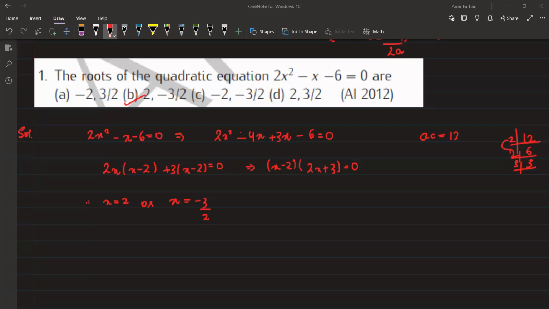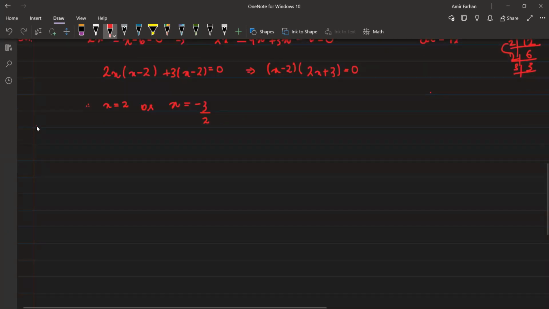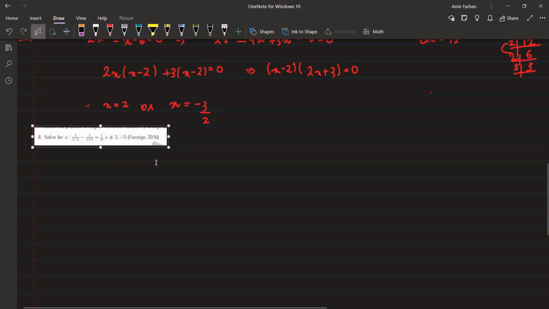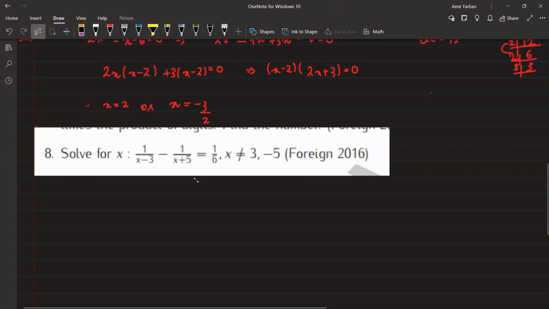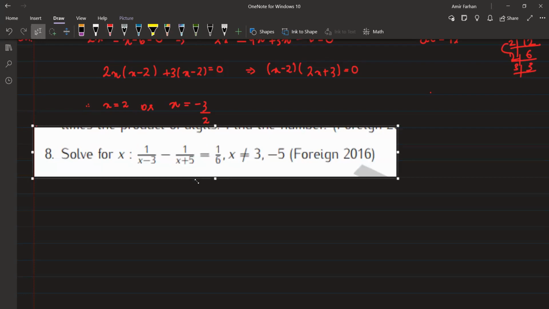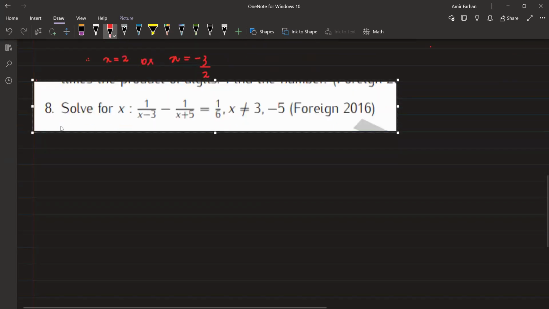Okay, so this is another question that we can do. So we have to solve for the x, and the method is not mentioned.